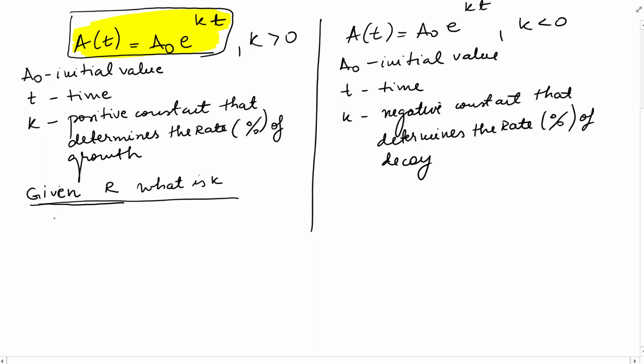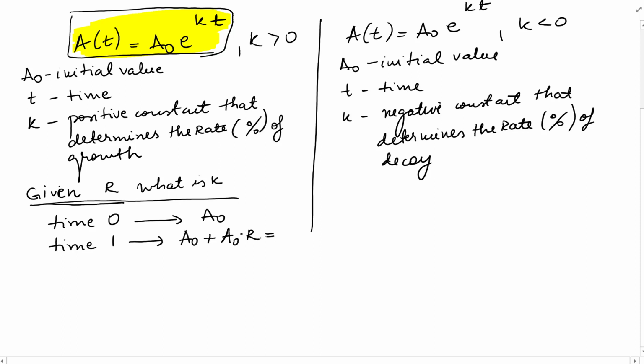Let's say at time 0, the initial time, the amount is the initial amount. After one period, 1 year or 1 day or whatever the time is measured in, we have the initial value plus r% of that initial value.